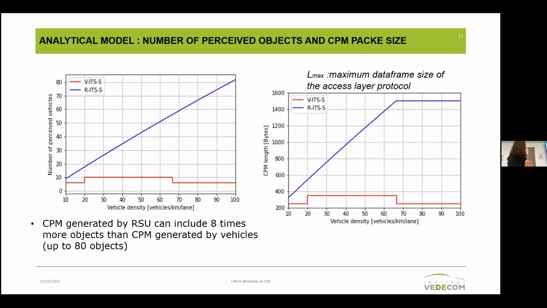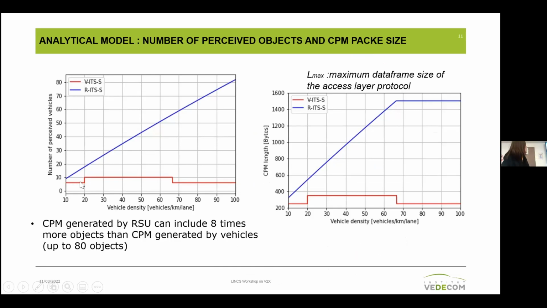Based on that, if you put that in a graph, we will have quite interesting results. On the horizontal axis, we increase the vehicle density, the number of vehicles per kilometer per lane. The red one, on the left side, is the number of perceived vehicles for a vehicle.